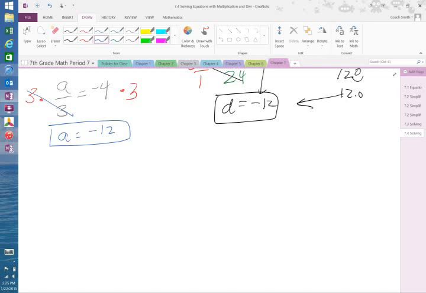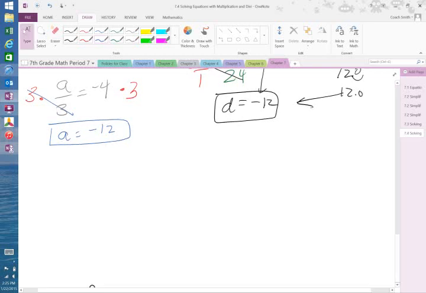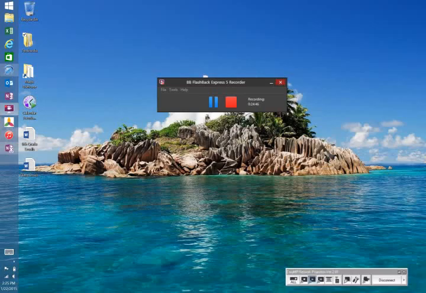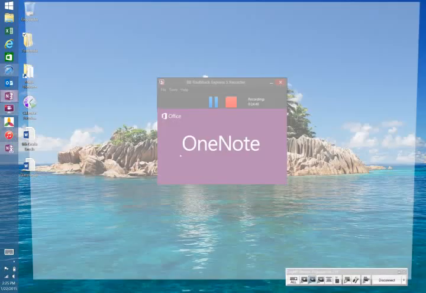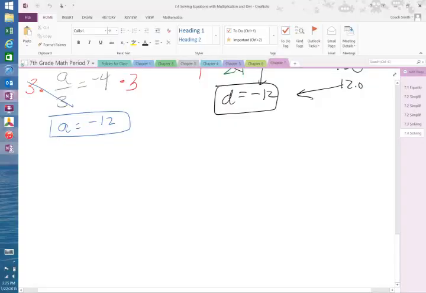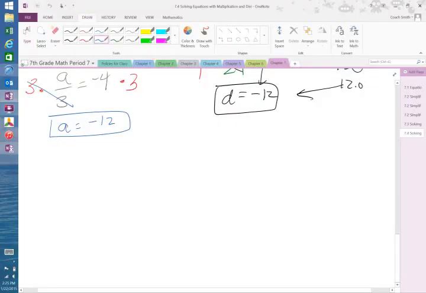All right. Let's look at another decimal one. -1.2 s equals -6.